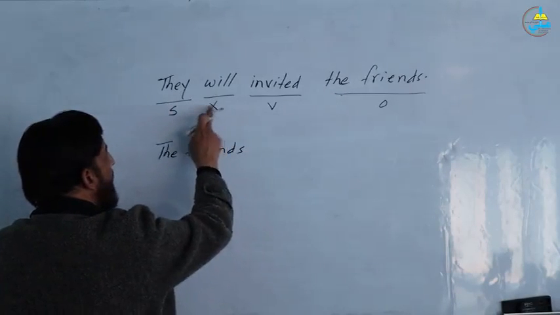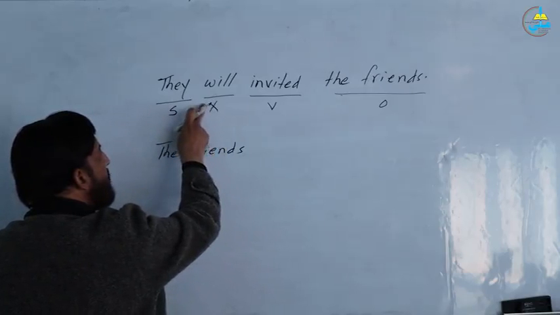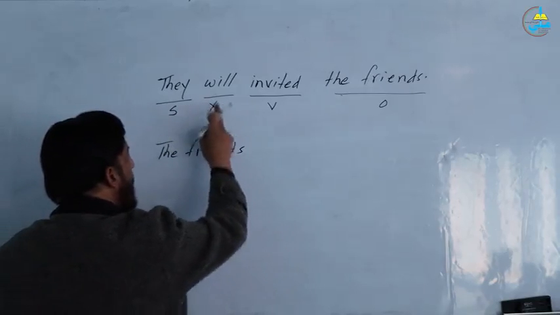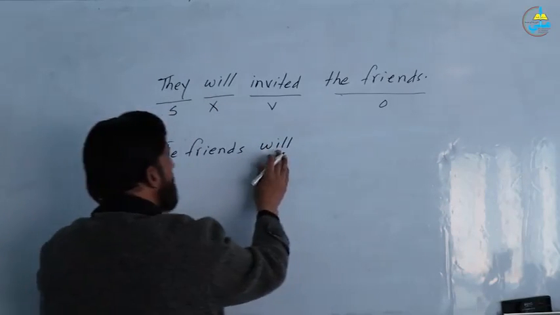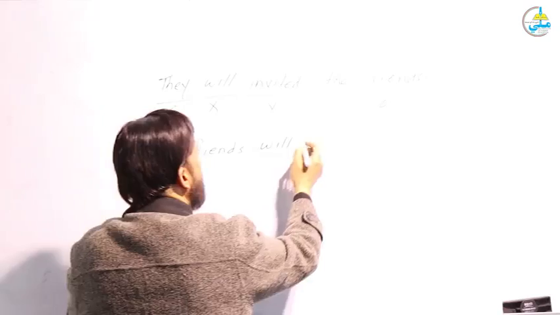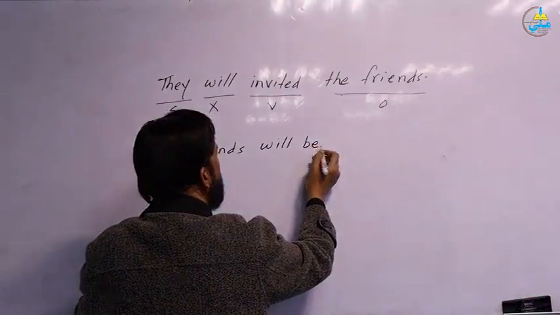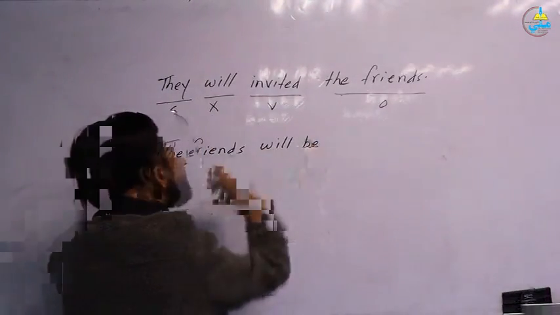Since in the active sentence we have an auxiliary or helping verb, we use this will. After will, we use be, the verb to be. Will be, and the main verb invited.